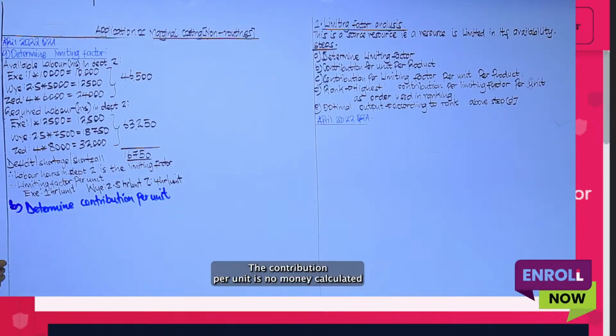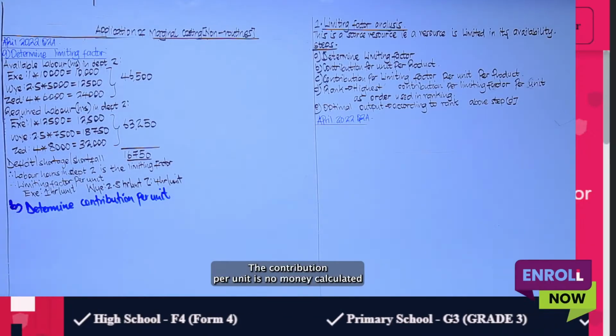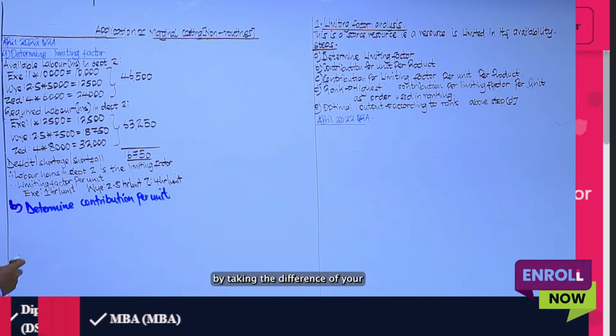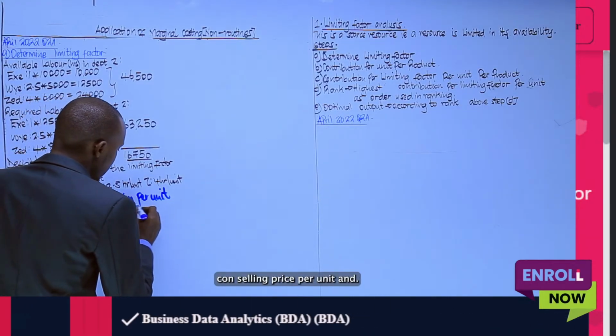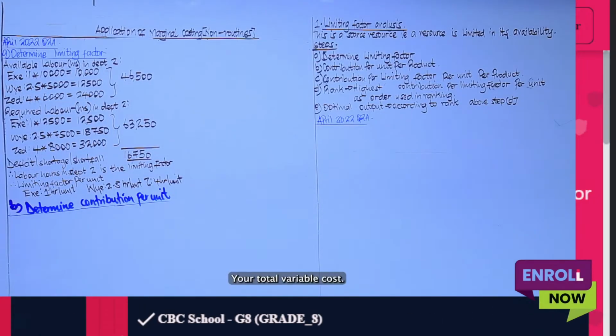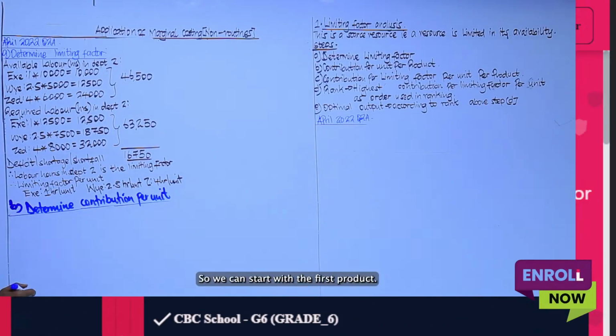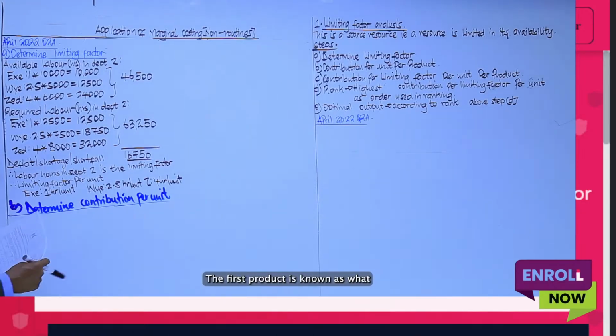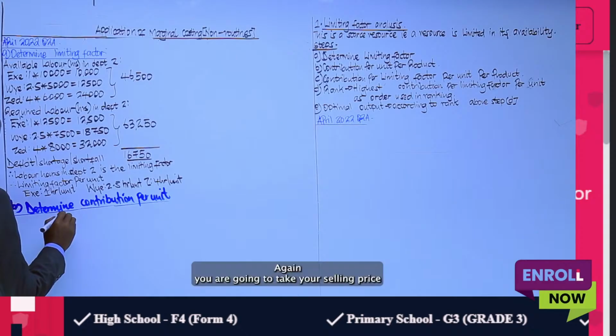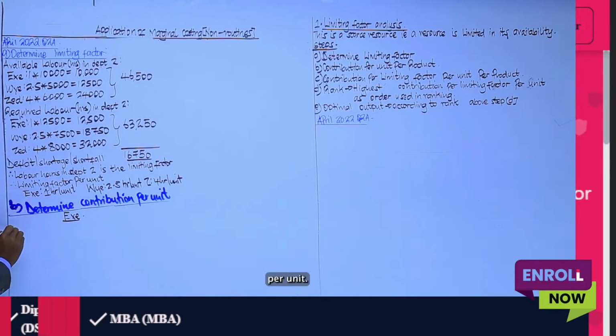The contribution per unit is normally calculated by taking the difference of your selling price per unit and your total variable cost. So we can start with the first product. The first product is known as what? Again, you're going to take your selling price per unit.